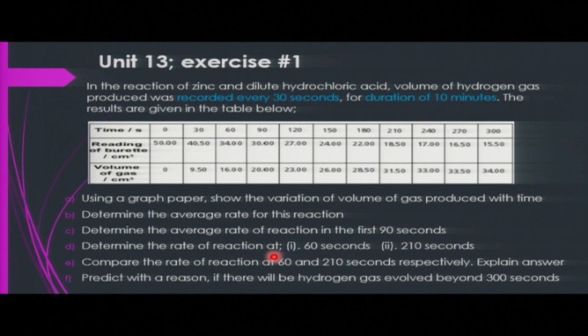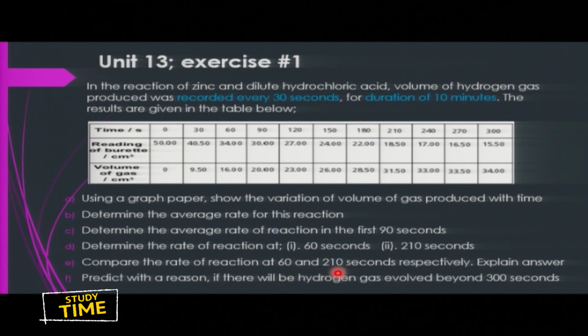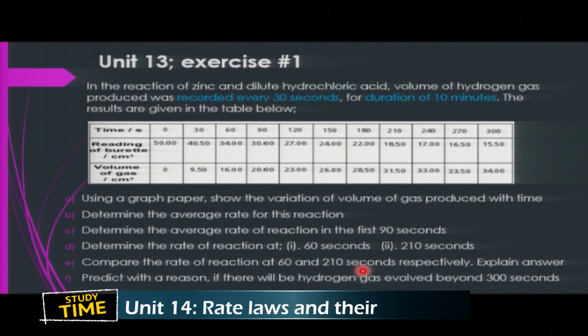Determine the rate of reaction at 60 seconds and 210 seconds. So in this part, D is about instantaneous rates. This is about the average rates. Then compare the rates at 60 and 210 seconds and give a reason for your answer.